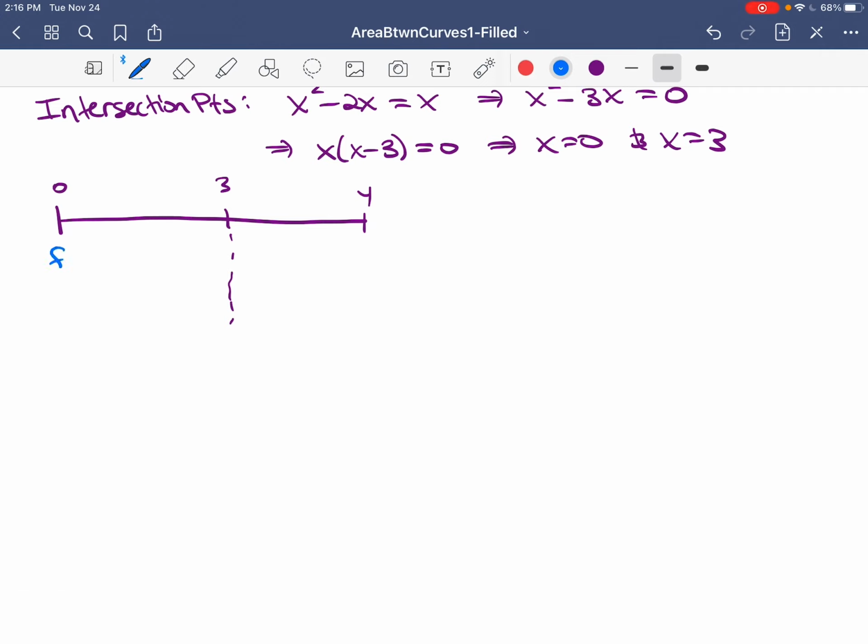So now I want to test a point. Okay, so f of 1 is 1 squared minus 2 times 1, so that's negative 1. And f of 3.5 is 3.5 squared minus 2 times 3.5, which is 5.25.